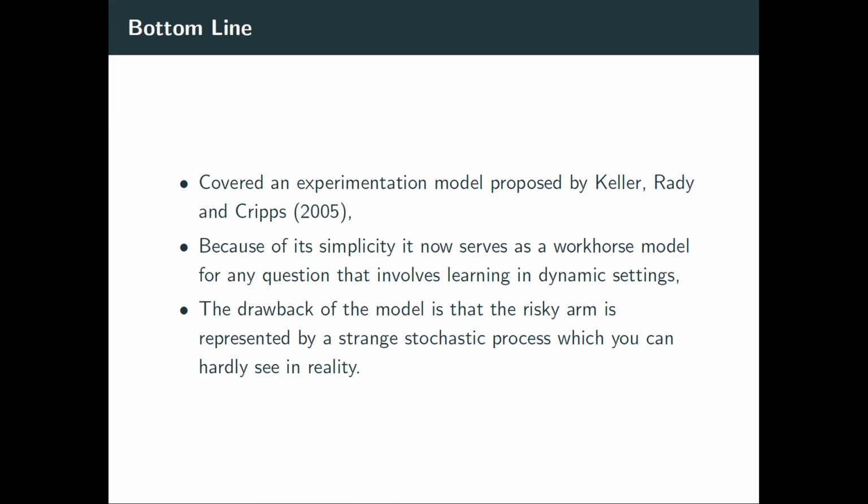Because I try to drink this milk, and then at some random points in time I have arrivals of something which clearly indicates that this milk is good. It's kind of strange. But because it is tractable and easy, still no one cares, and everyone uses this model for experimentation.